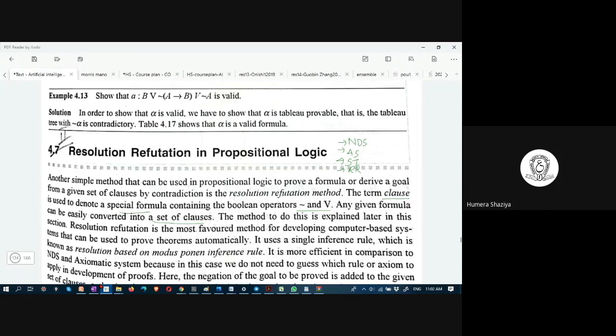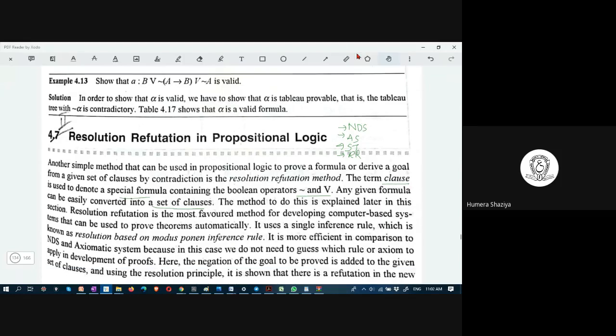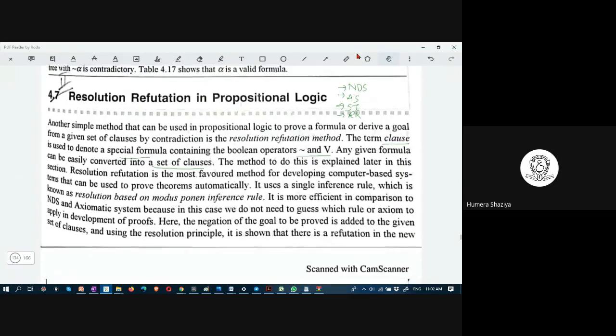Resolution refutation method uses a single inference rule, which is known as resolution, based on the modus ponens inference rule. The resolution refutation method is more efficient in comparison to NDS and axiomatic system.